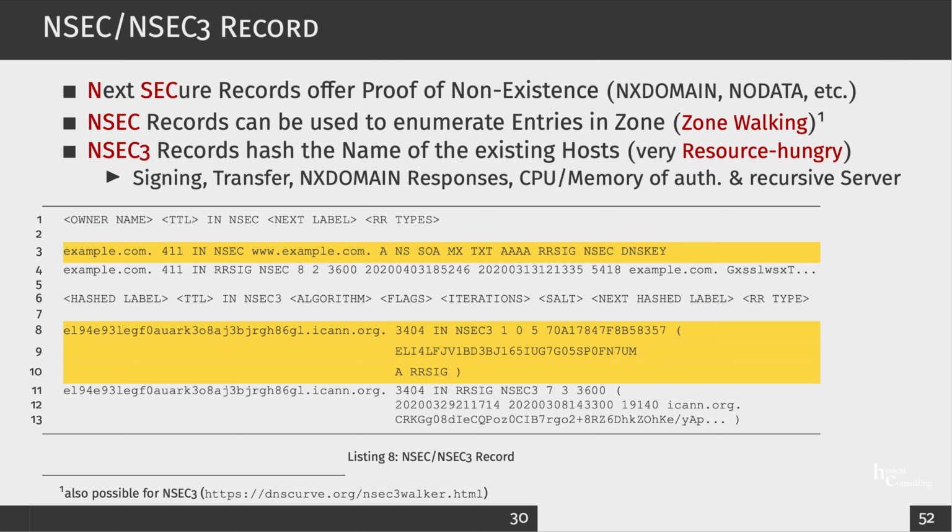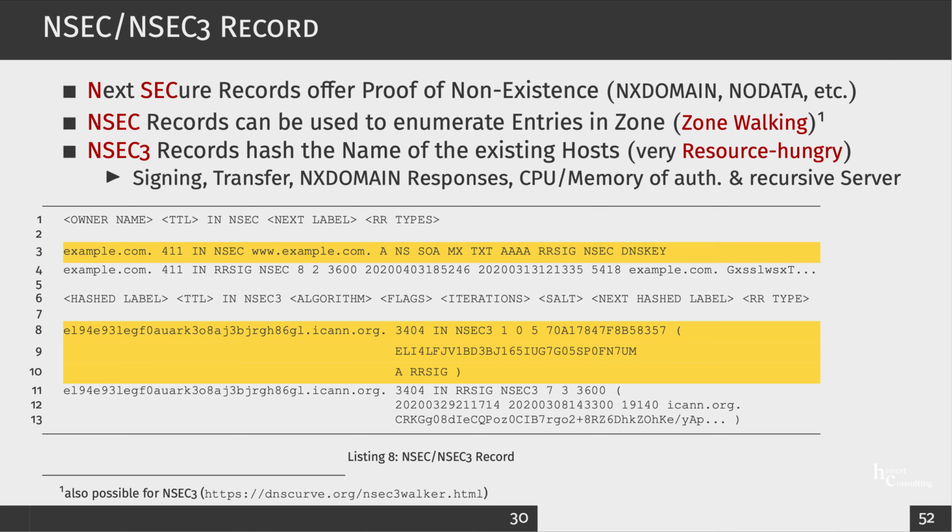But in addition to this, this is also possible for NSEC3. NSEC3, instead of pointing a record to the next entry in the DNS zone, is using hashes. So instead of providing the answer what the next record in the DNS zone would be, it just provides you a hash value that you can't really use for something, but you can use the answer for a non-existence of a query or of a record that one of your systems queried.